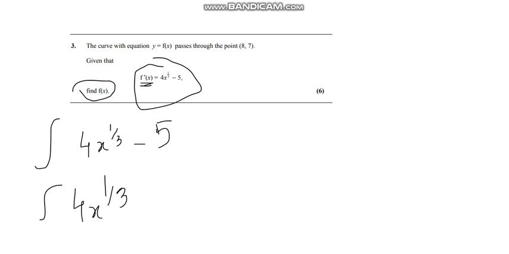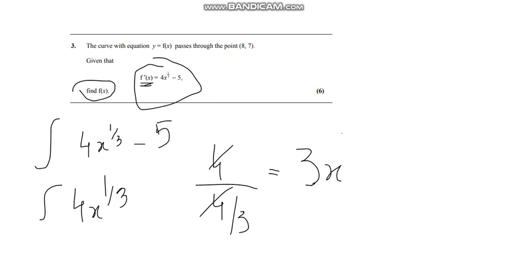Now divide 4 by the power we got, which is 4 upon 3. So the 4s cancel out and we get 3. So 3x to the power 4 upon 3 is the integral of the first half.